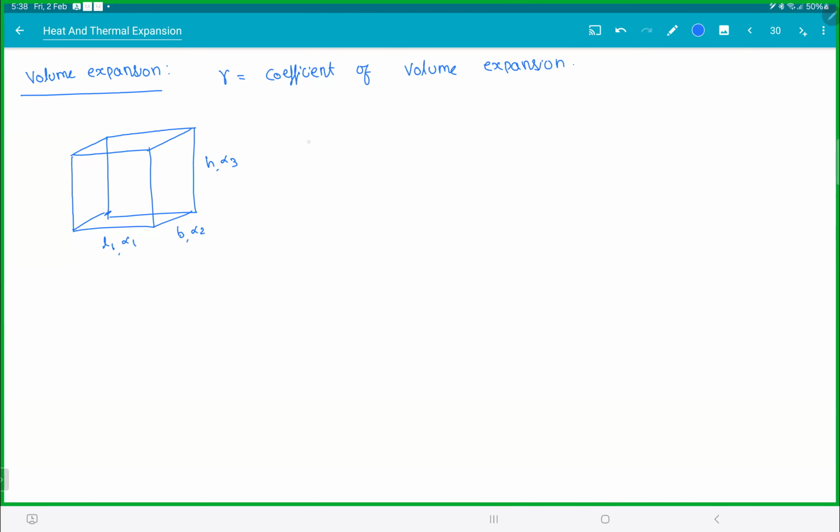So again, same story here, the change in volume. V final will be L B H into 1 plus alpha 1 delta T, 1 plus alpha 2 delta T, 1 plus alpha 3 delta T. So this would be initial volume into 1 plus alpha 1 plus alpha 2 plus alpha 3 delta T. We neglect the higher terms.